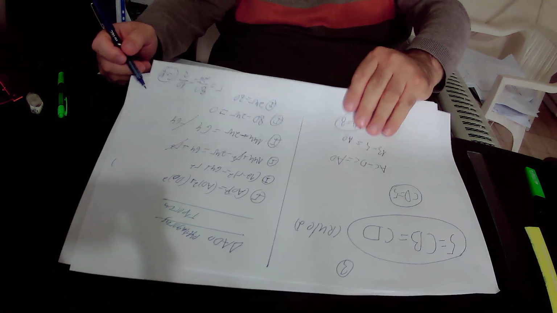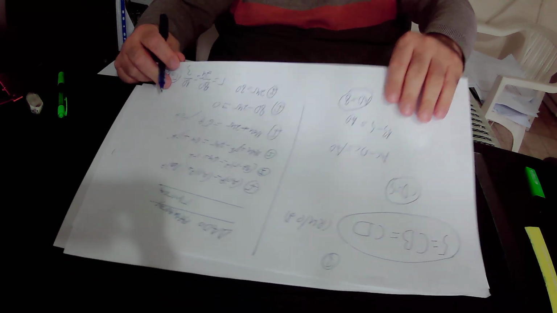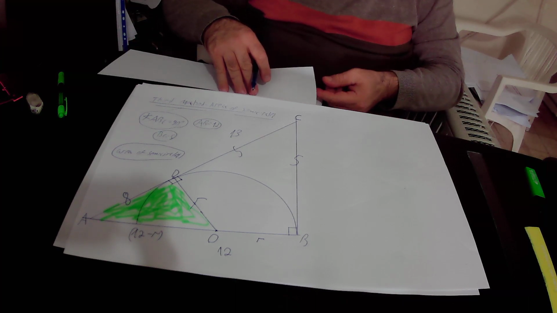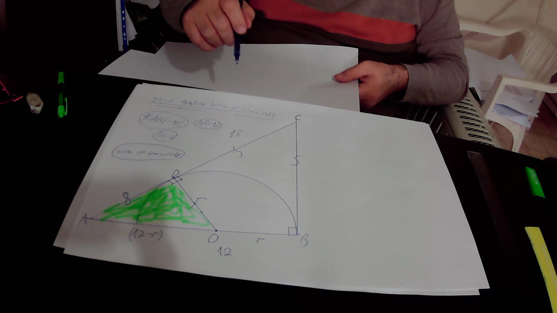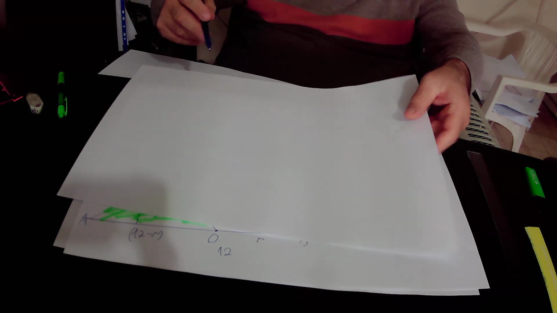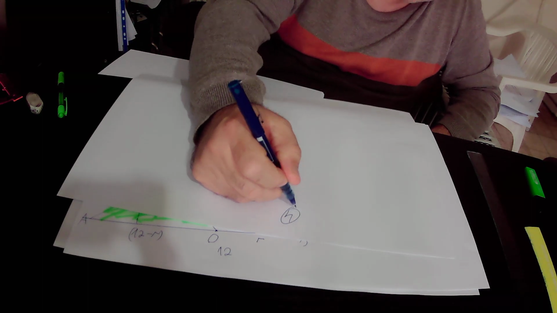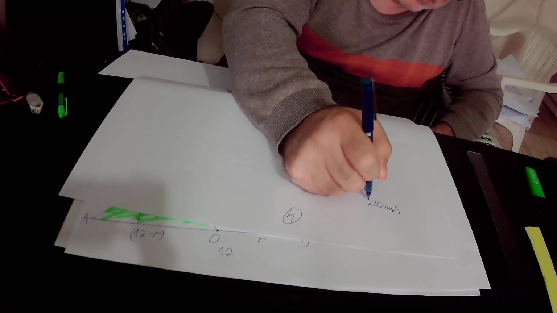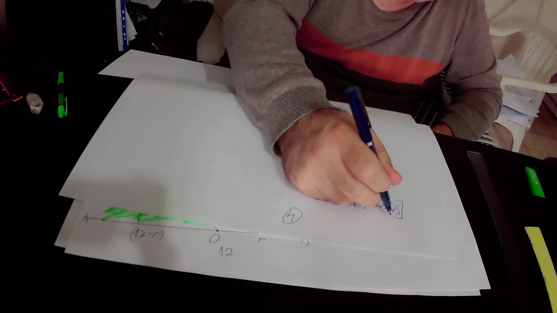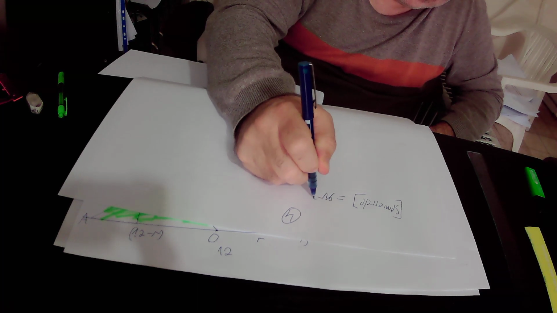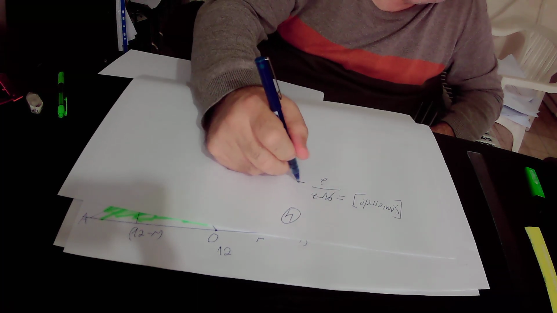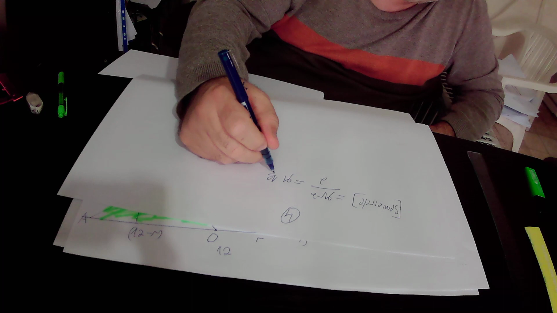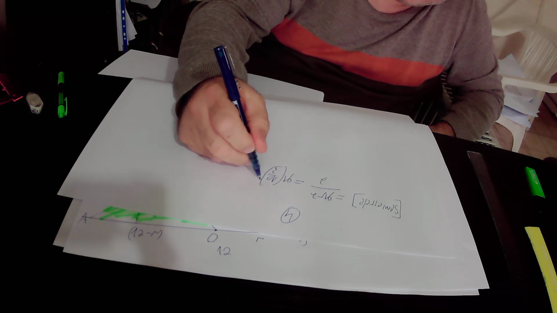Okay, and we'll continue according to the first method. The area of this semicircle actually equals pi r square over 2. So it equals pi, r is 10 over 3, so r square is (10 over 3) square, over 2.